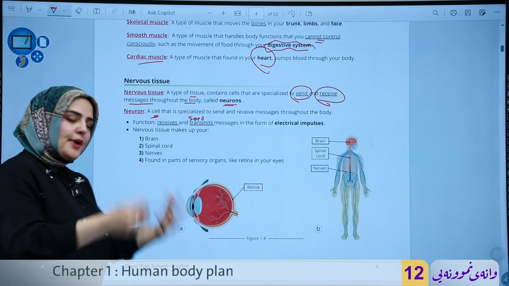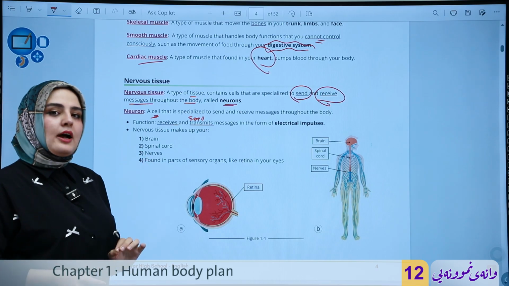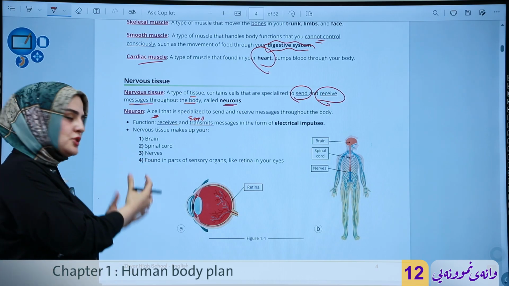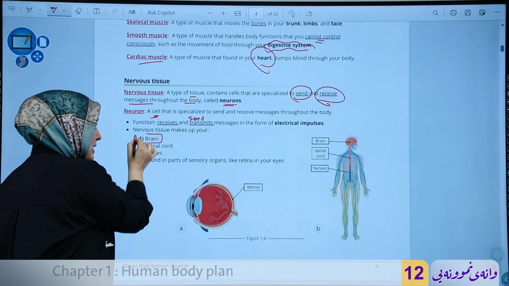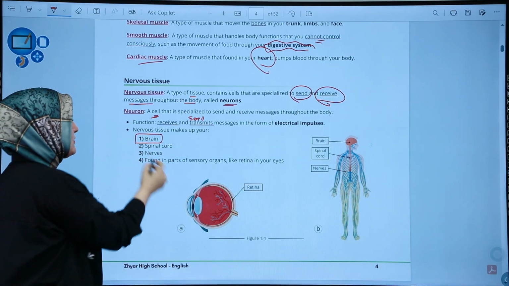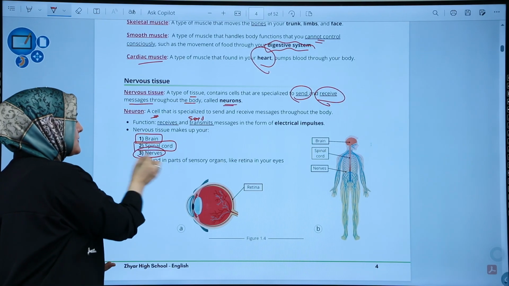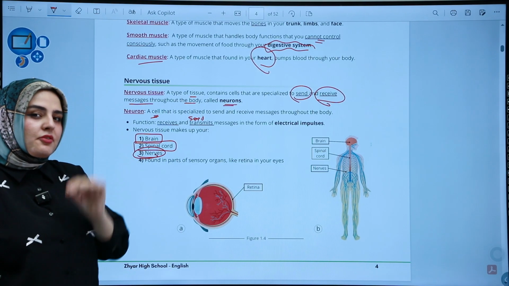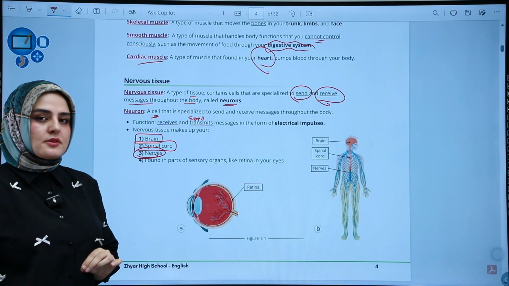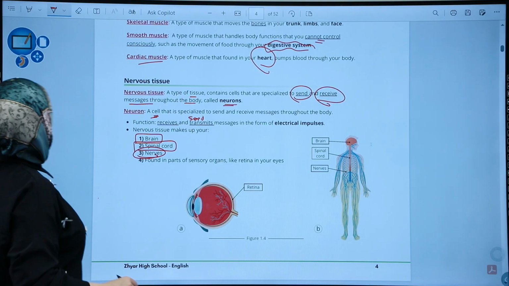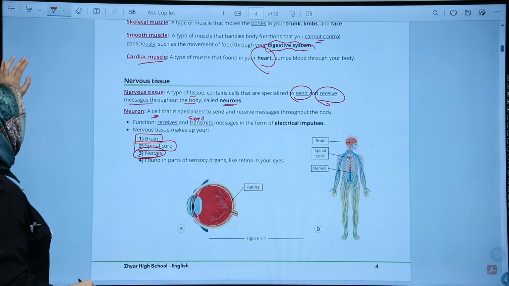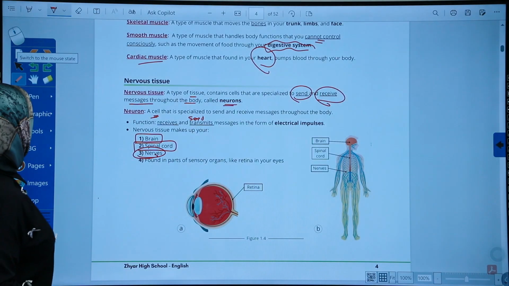Now, some parts where you definitely find a huge amount of this tissue are the brain, and of course, mostly it's made of this, the spinal cord. And nerves, I usually refer to nerves as the cables, okay? Because if you remember the cells that I drew for you, let me show you.